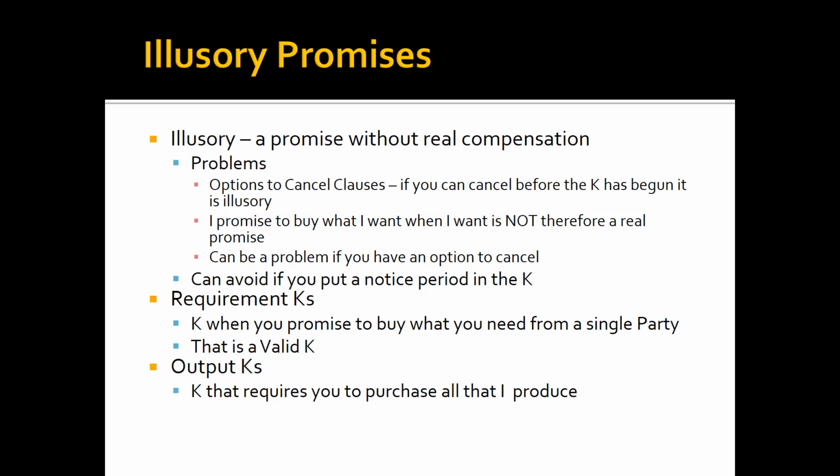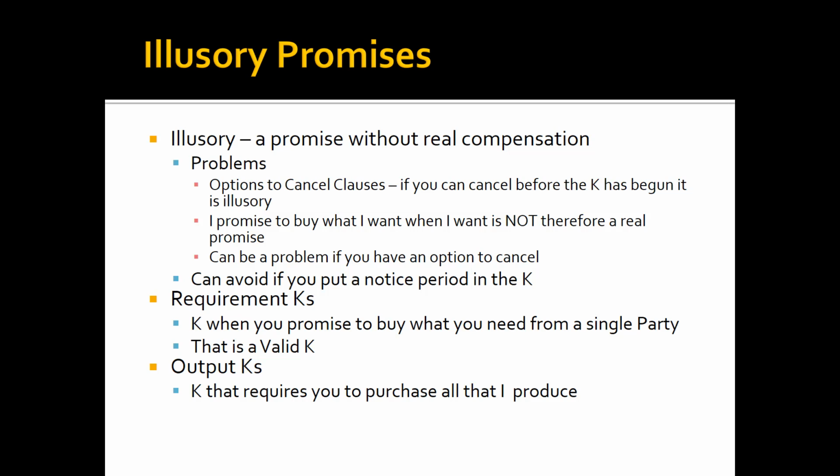So they'll often put in a cancellation clause that reads something like this: If I don't want to perform this contract, I can walk away whenever I want without any penalty whatsoever, and I can do it up to the moment of performance. Well, guess what? That's essentially saying there's no contract. That's essentially saying you don't have to live up to any of the conditions of the contract, so it's illusory that you have a contract. If I promise to buy what I want when I want, it's not a real contract.